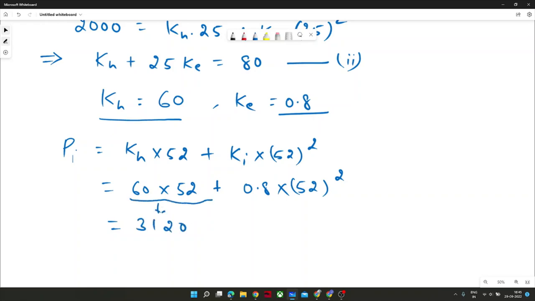This comes out to be 3120 and this would come out to be 2163.2.